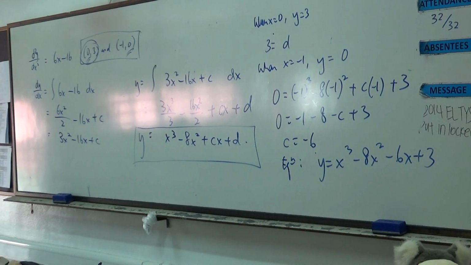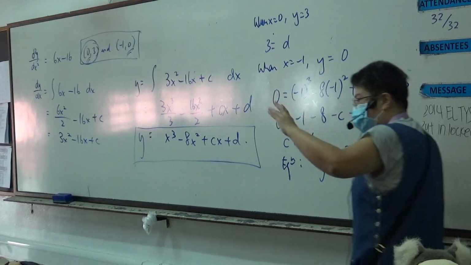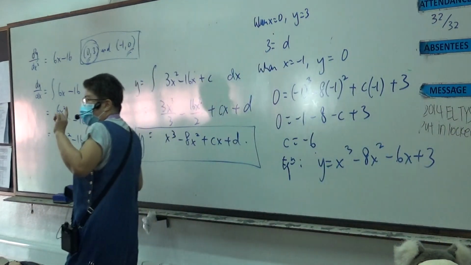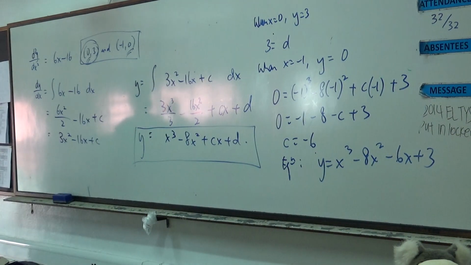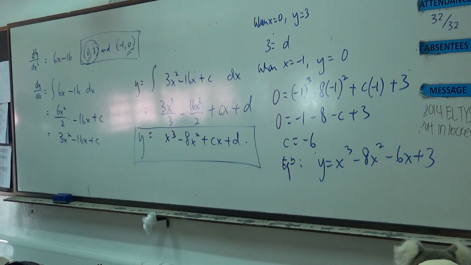As I've said, I want to move on to example 5. Turn back to example 5. Example 5 is very popular in O-level context, but not in this easy context. But I need to show you the easy one before I go on to the difficult ones.